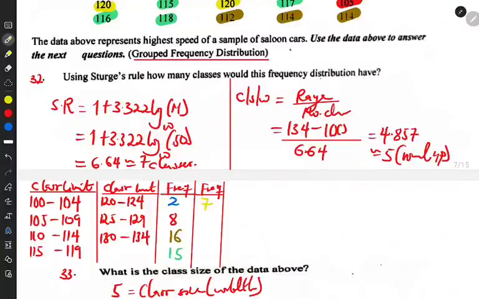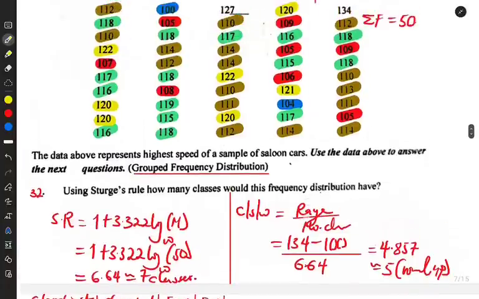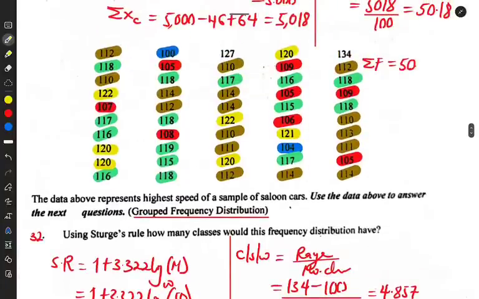Then, move on from 125 to 129. Let's see what we have in between that line. We have 127 here, as a circled one. What again do we have?